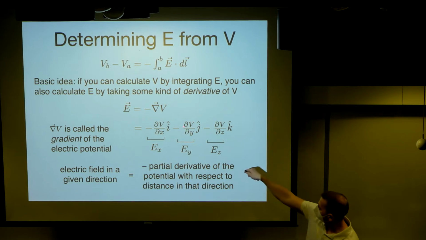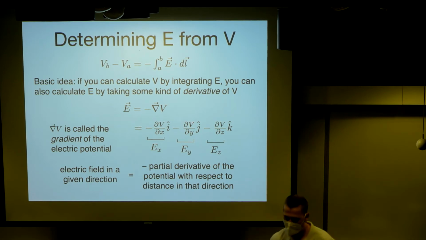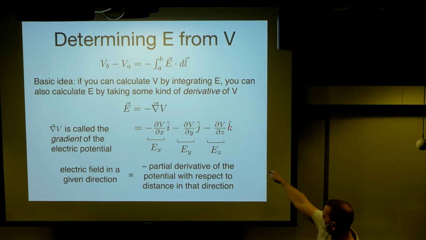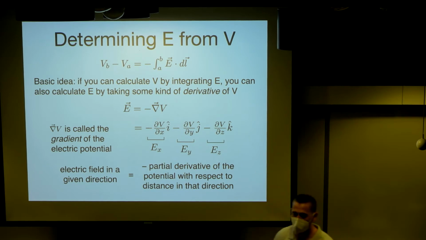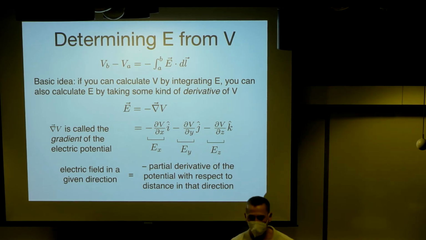And then my next term is minus dV dy multiplied by the j hat unit vector. So that's telling me the y component of my electric field is the derivative of my potential with respect to y. And then the z component, same thing. Minus dV dz times k hat, that's telling me the z component of my electric field is the derivative of my potential with respect to z.